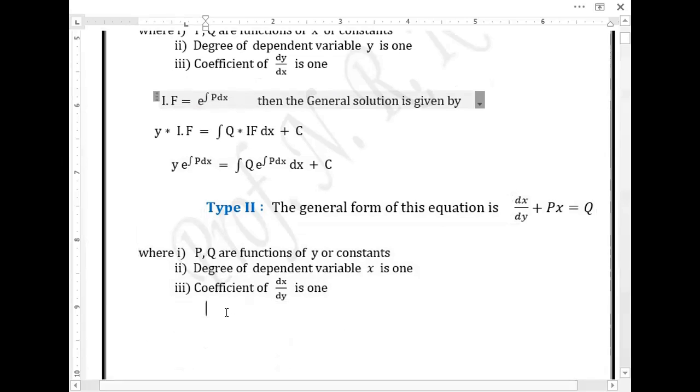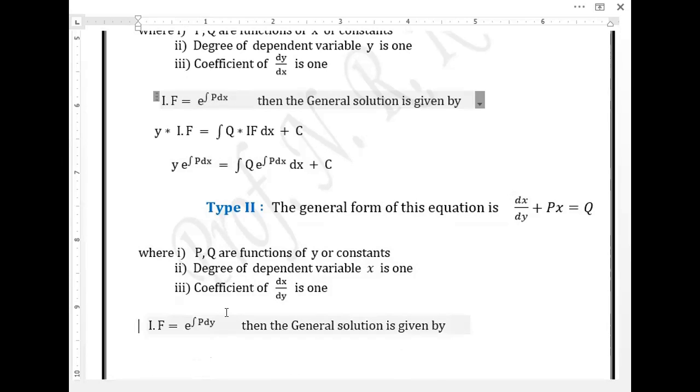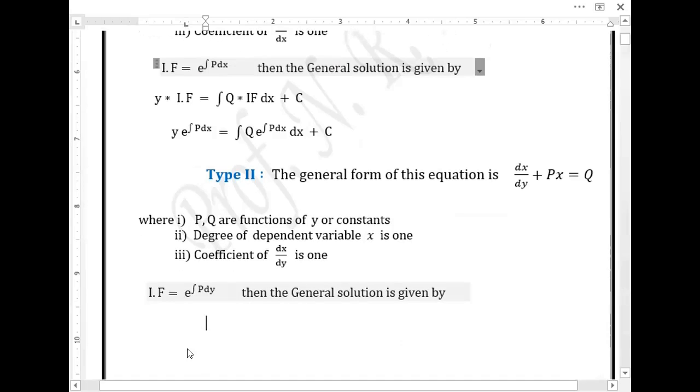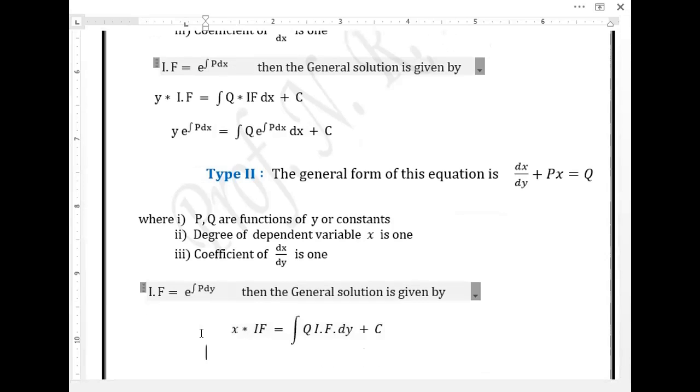The integrating factor of such a differential equation is given by integrating factor equal to e raised to the integration of p into dy. And the general solution is given by: x is my dependent variable, so x into the integrating factor is equal to the integration of q, that is the right hand side, into the integrating factor dy, plus c.